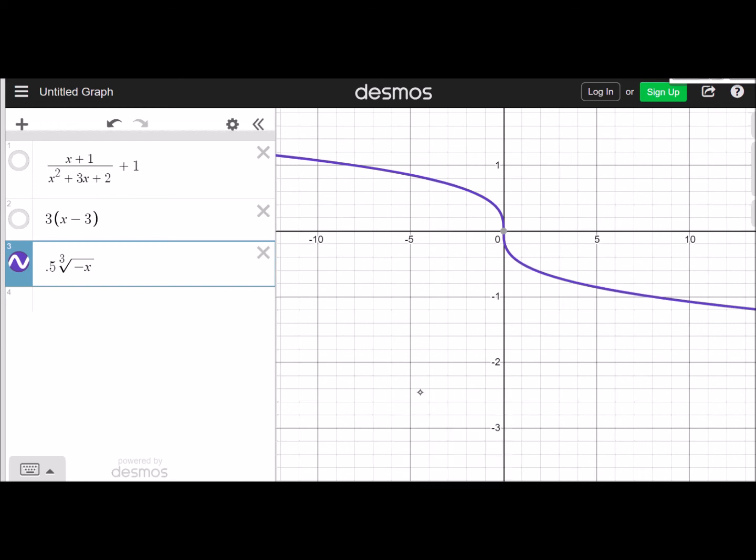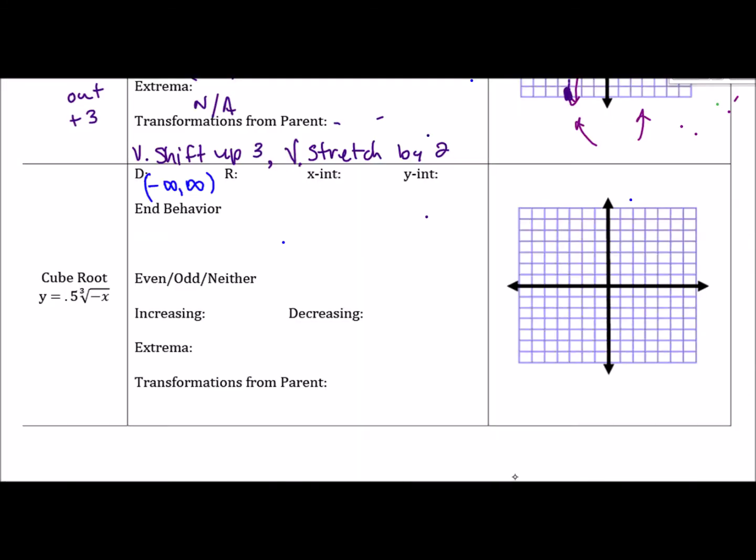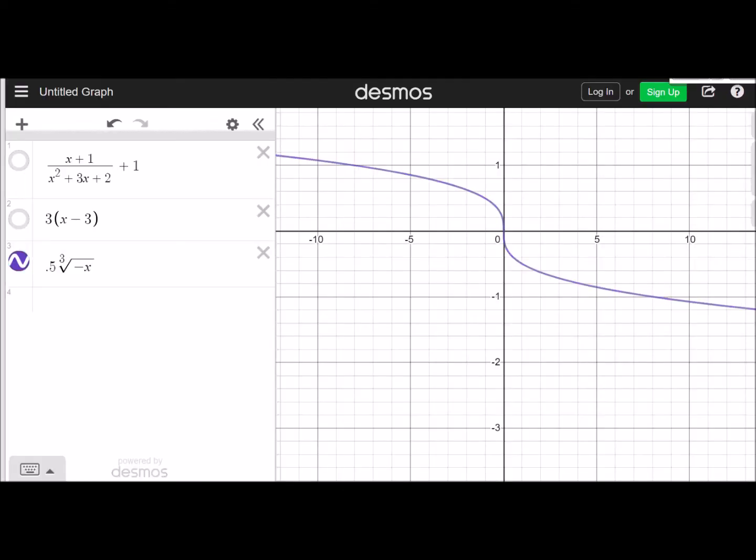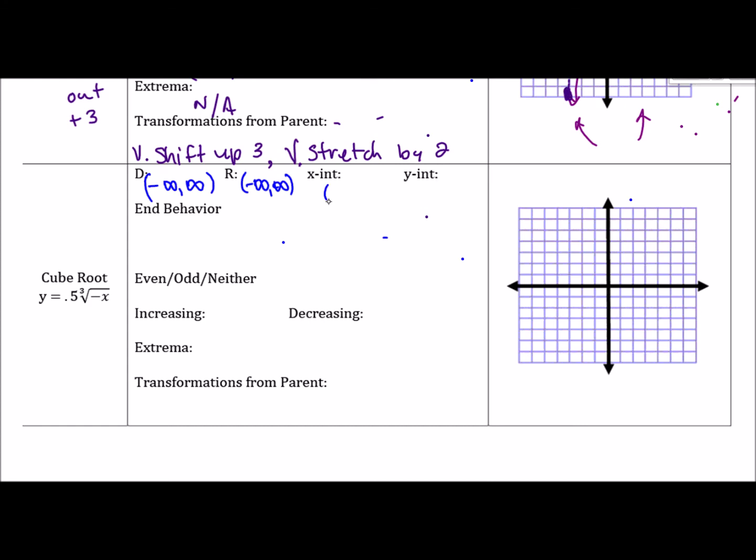So it goes forever up to infinity as well. So my range is also negative infinity to infinity. Okay, x-intercept looks like it crosses right there. 0, 0, right? Turns out that that happens to be both the x and y intercepts.